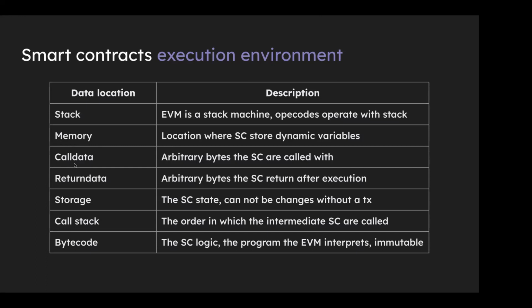Then there is a special data location called call data. It is the place where EVM takes arguments from. So when you want to call a smart contract, you will place an encoded function call into the data field in the transaction.